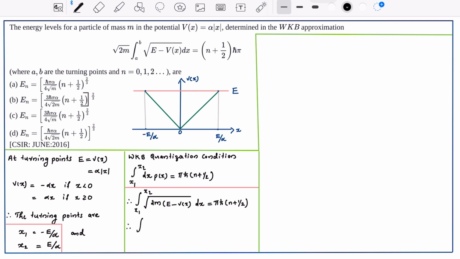Here in the given question, V of x is alpha mod x, therefore square root of 2m into E minus alpha mod x dx, integrated from x1 to x2, is equal to pi h bar into n plus half. This is our WKB quantization condition in the present problem. Let it be equation number 1.